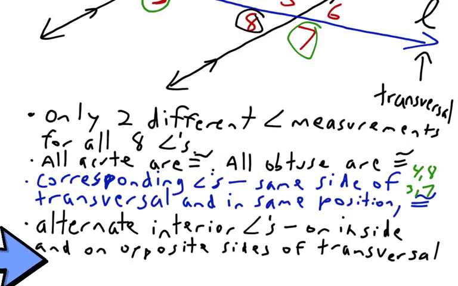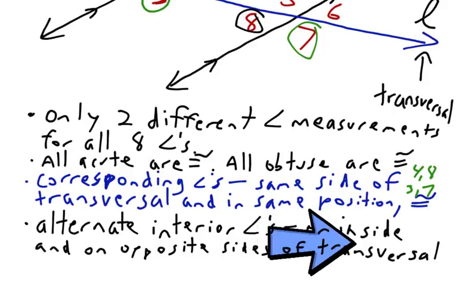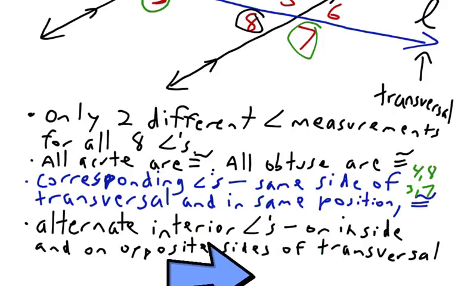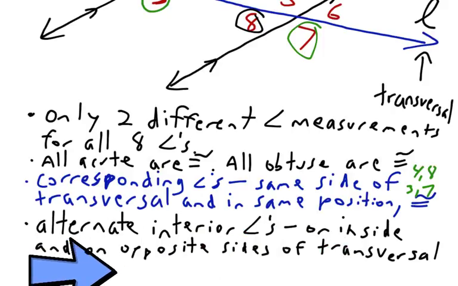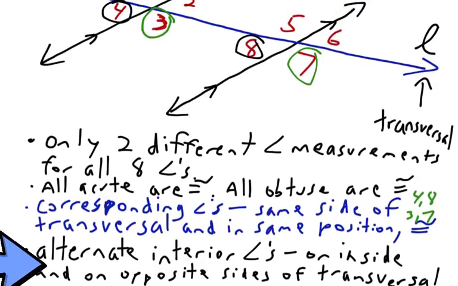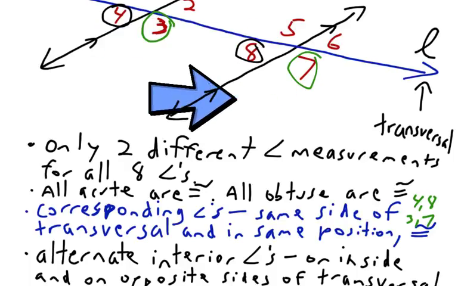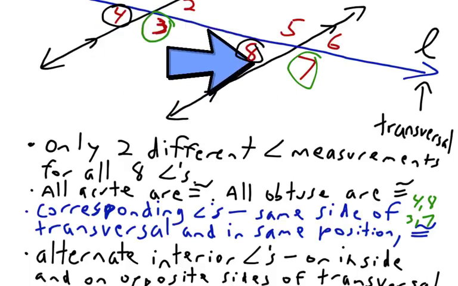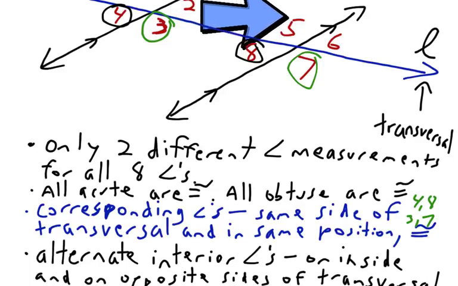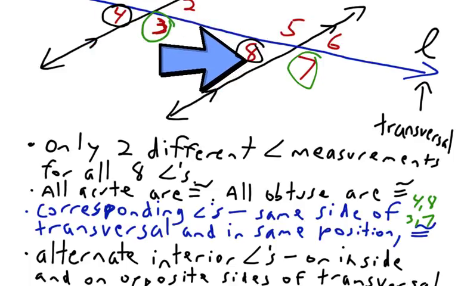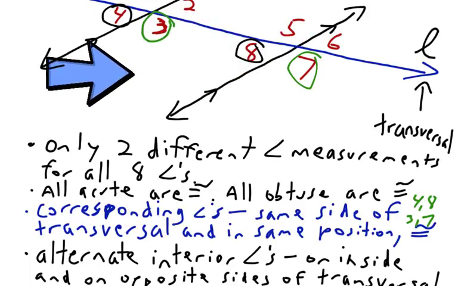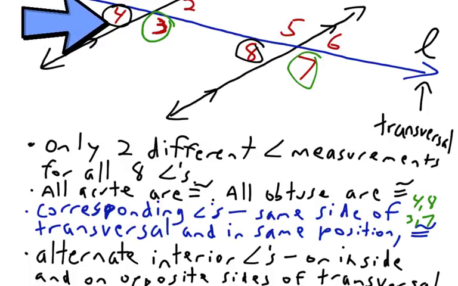Alright, and then alternate interior angles are on the inside, and they're on opposite sides of the transversal. So if we look back here, look at, for instance, 2, 5, 8, and 3 are my 4 angles that are on the inside. 6, 7, 1, and 4 are the 4 angles that are exterior or on the outside.